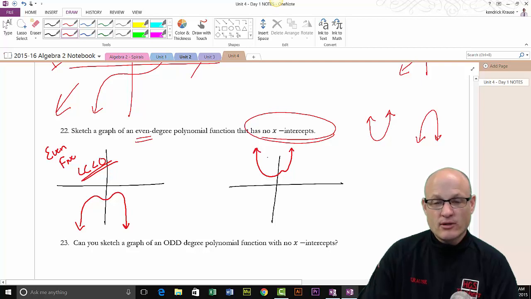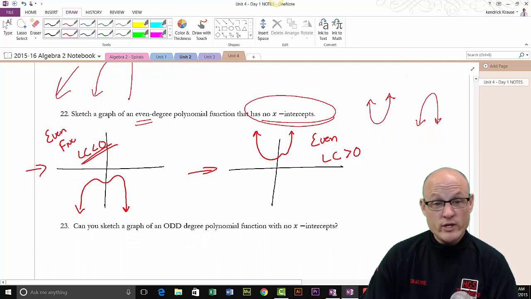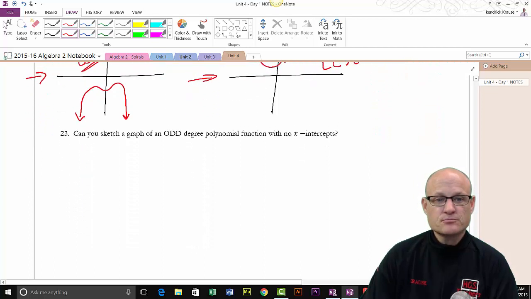Again, if you just draw a parabola, it's fine too. But again, this is an even function with a leading coefficient that's positive. Notice it never hits the x-axis. It never hits the x-axis. Therefore, no real solutions. Can you sketch an odd degree function with no x-intercepts?